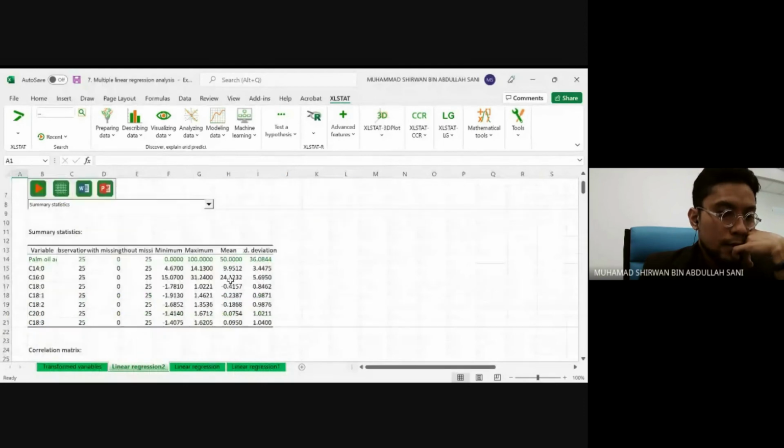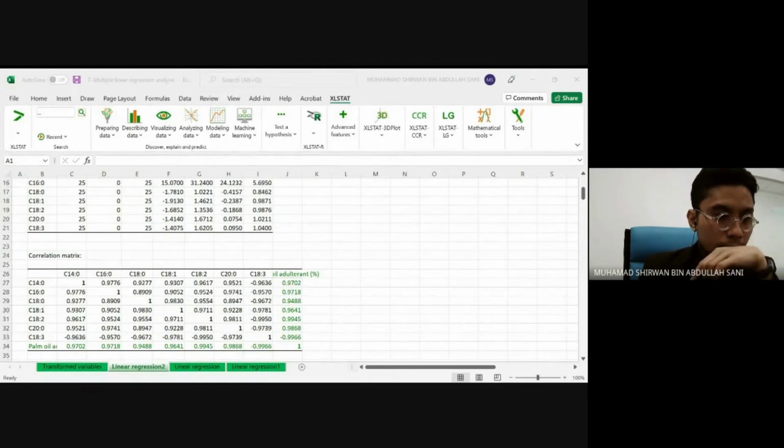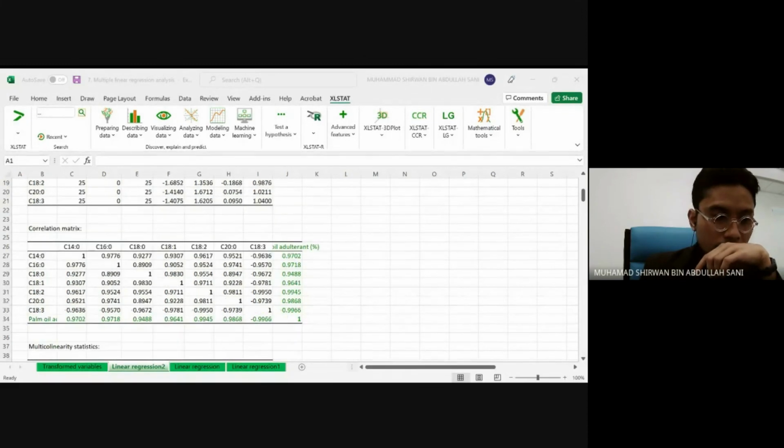Okay, so you will get a result as linear regression. For the purpose of explanation, I will choose linear regression, test only, sheet only.